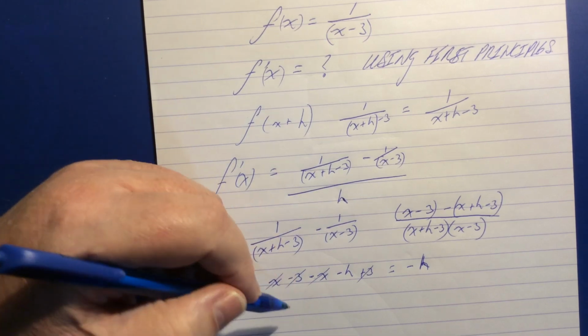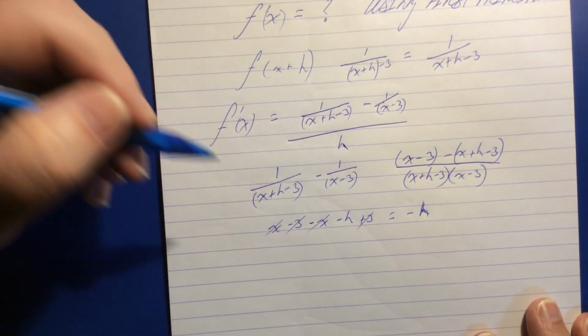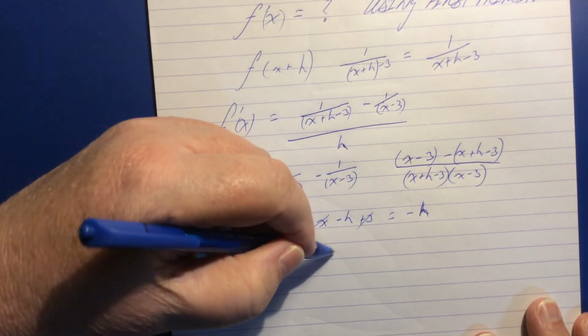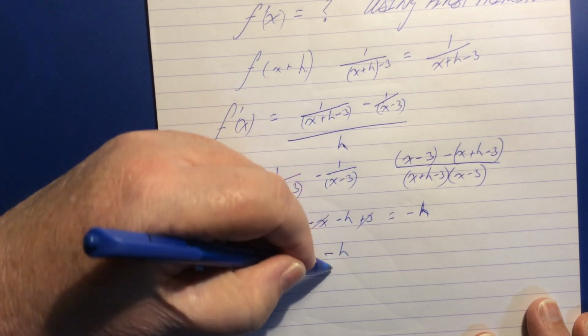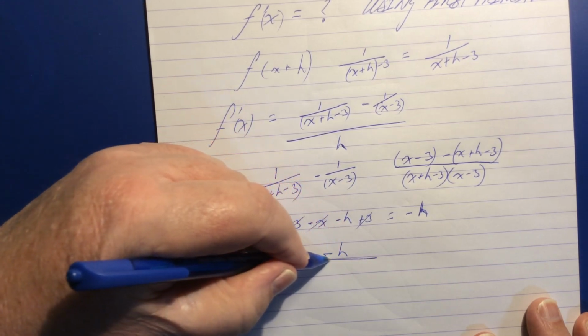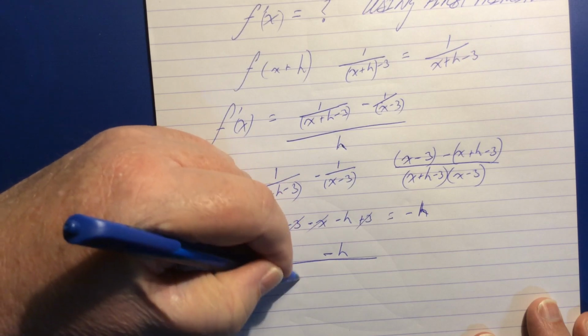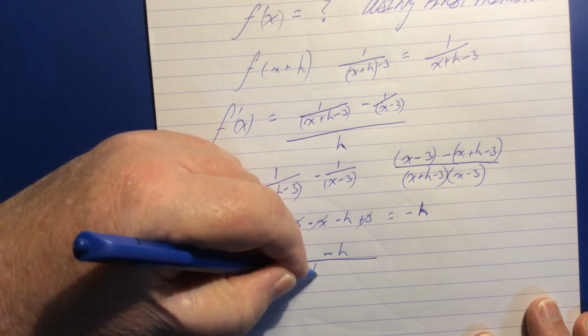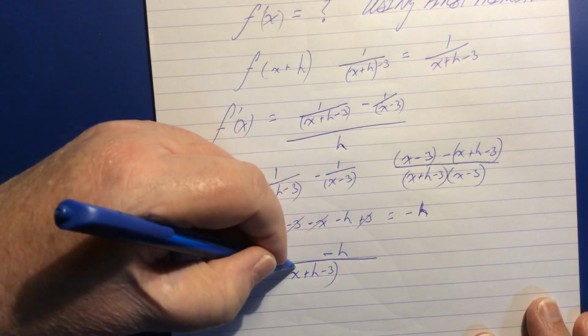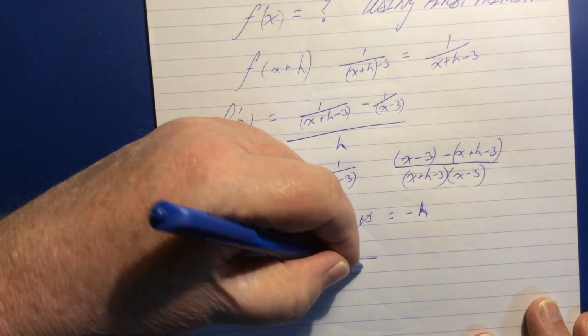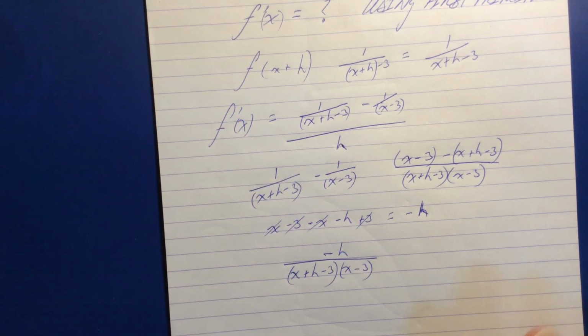Well, this just doesn't get any better. So negative h over x plus h minus 3 times x minus 3. That's where we're at the moment. I hope so far this has made sense.